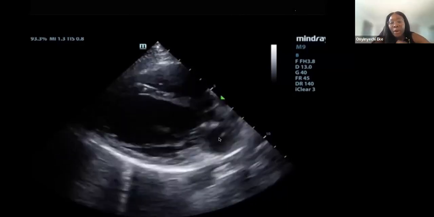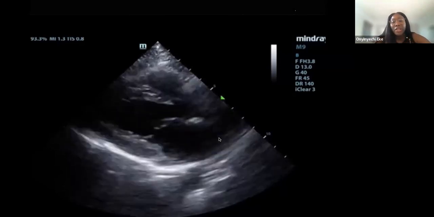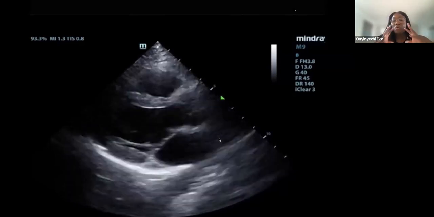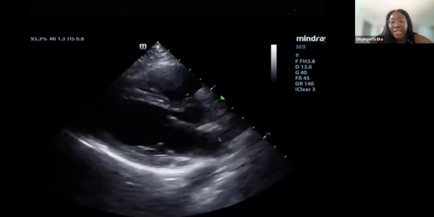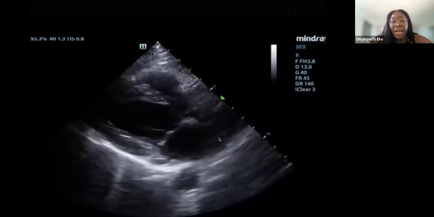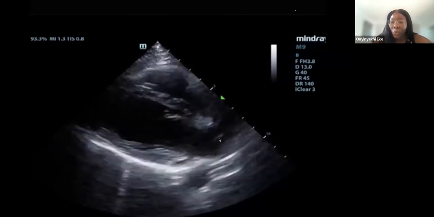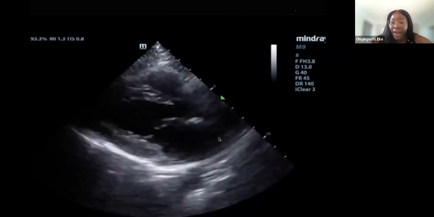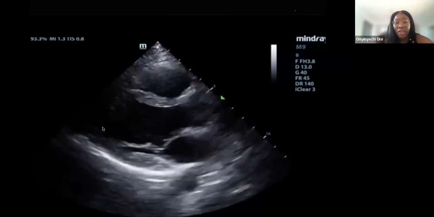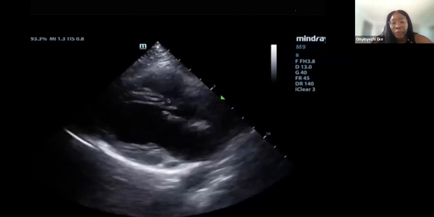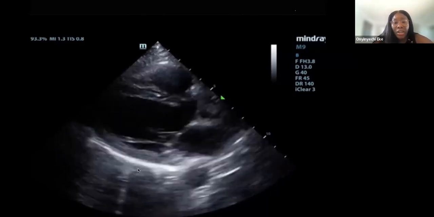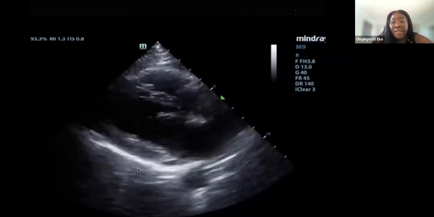Now, this parasternal long axis view is a really good view just to get a good sense of what the heart function is like. And when I say heart function, I mean the squeeze, right? The ejection fraction. So when we look at this left ventricle here, we see it's beating vigorously. I would say the left ventricular function is good.